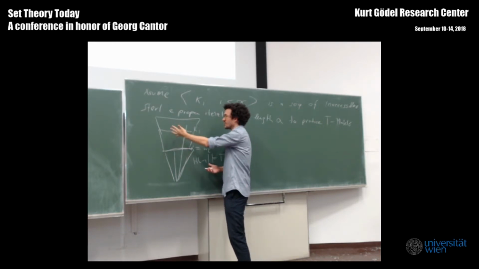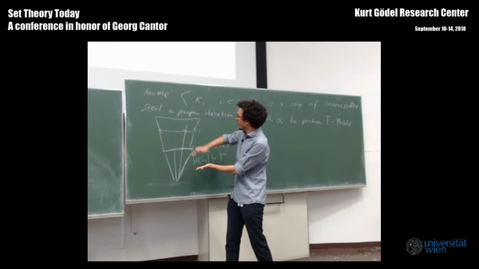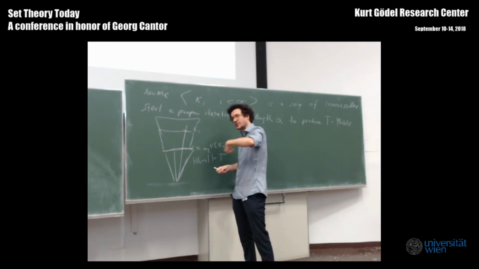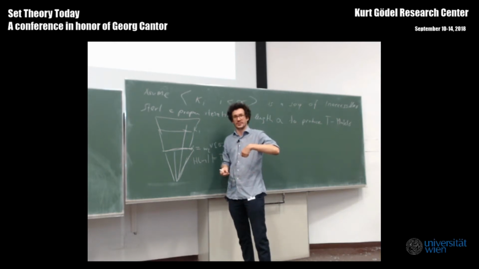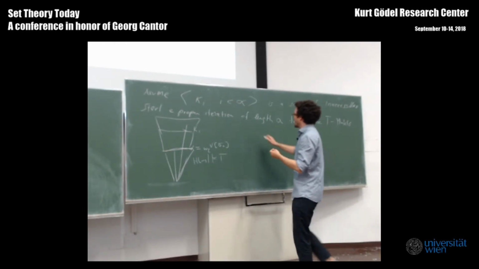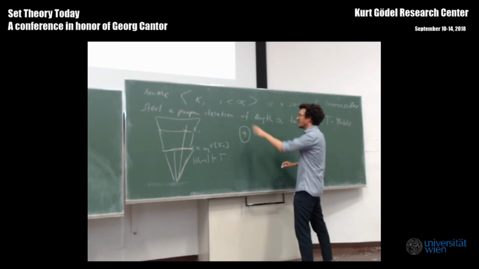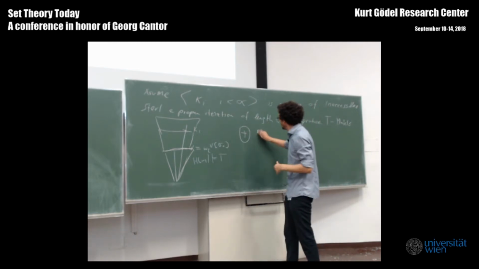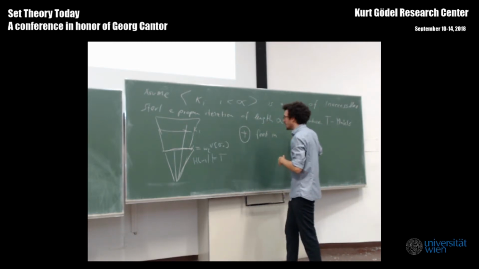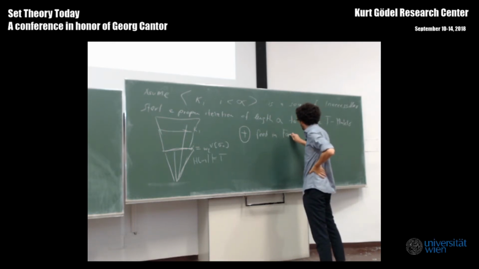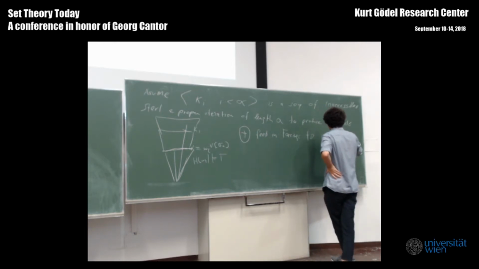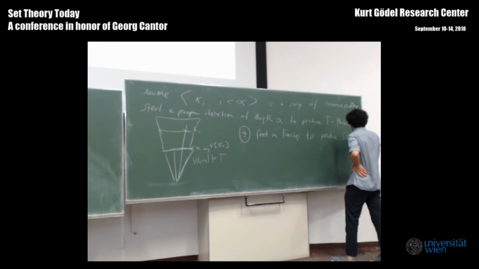So one candidate, of course, are these Suslin trees. So while going along in our iteration and producing these T models, we feed in forcings which produce these Suslin trees, right? So write a big plus there. We start this proper iteration of length alpha to produce these T models and feed in forcings to produce Suslin trees.